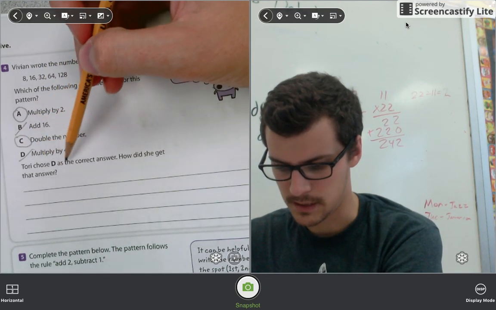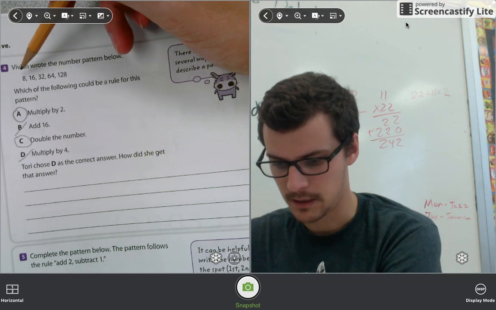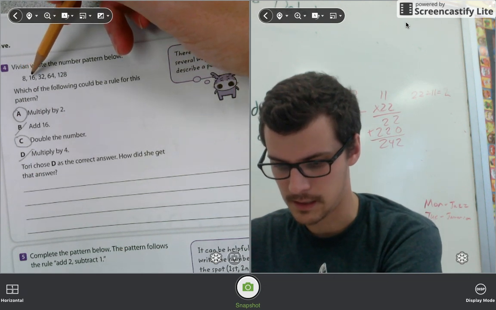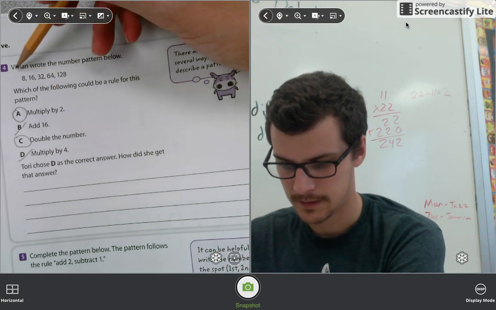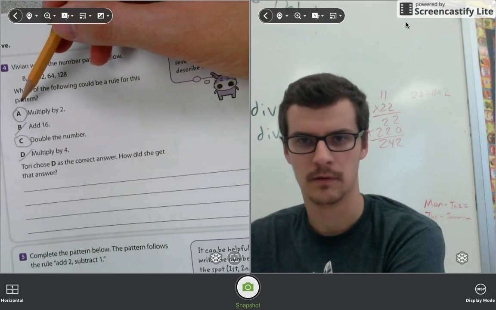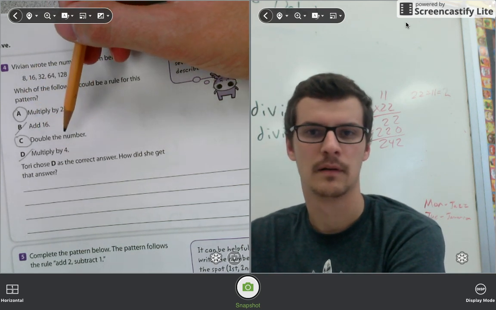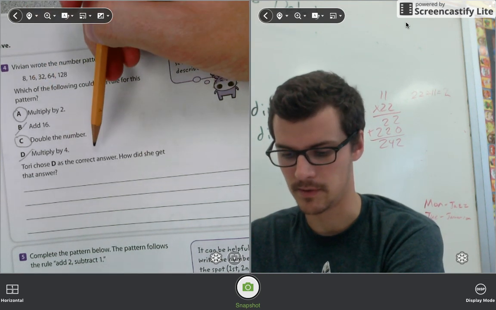And it says Tori chose D as the correct answer. How did she get that answer? Okay, well, she clearly doesn't understand what we're doing here. Multiplying by 2 and doubling the number are synonyms, different ways to say that. So that's why both of those are able to be correct here.